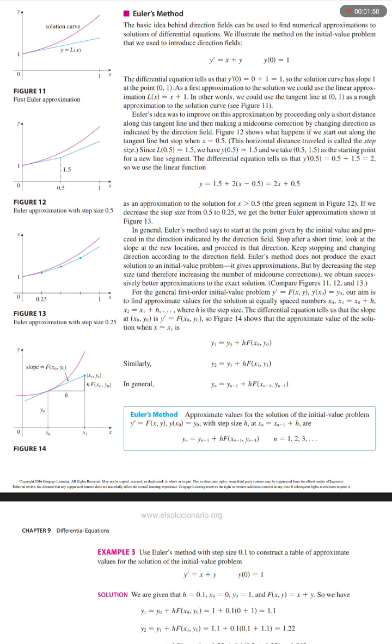Figure 12 shows what happens if we start out along the tangent line but stop at x = 0.5. This horizontal distance traveled is called the step size.